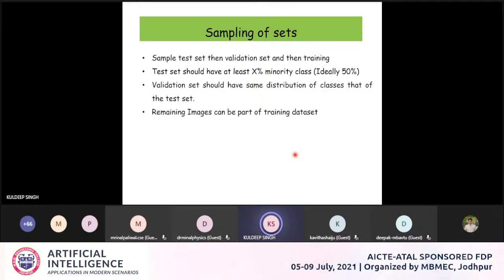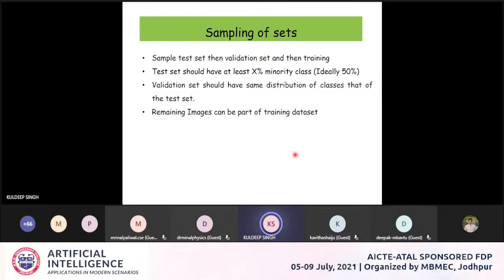And what about the ratio of the minority and the majority class? Minority, as I was telling you, is the diseased case. So ideally, there should be an equal number of images for the minority and the majority class. And the same distribution should be there in the validation as well as the training data set, but usually it doesn't happen.